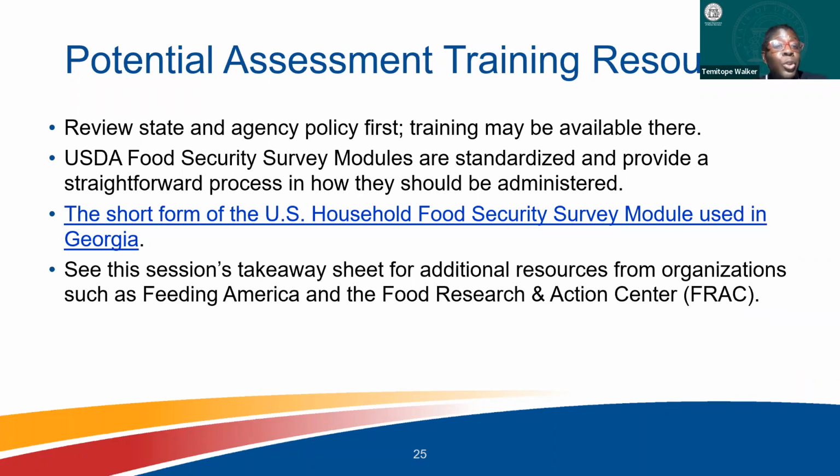You want to check out the validated tool that is currently in use by Georgia, and that reference will be made available to you. You should also see the session's takeaway sheet for additional resources from organizations like Feeding America and the Food Research and Action Center, FRAC, and some critical papers from food insecurity experts that will be provided.